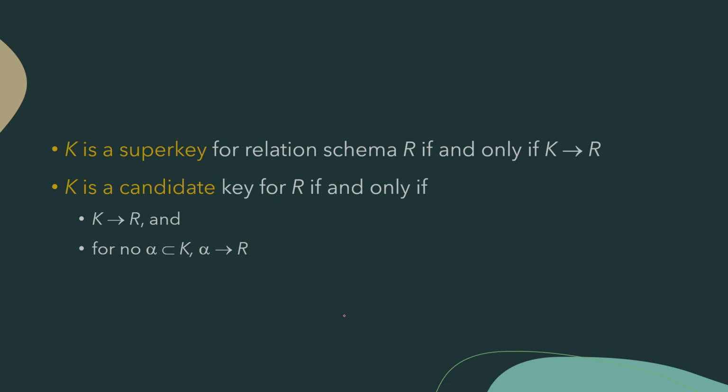Next, we already know the concept of super key and candidate key. But here we are going to study how we can represent a super key with the help of functional dependency. Suppose we know the meaning of R. In the entire topic of functional dependency, and in the coming slides also, R means the set of attributes of the relation.